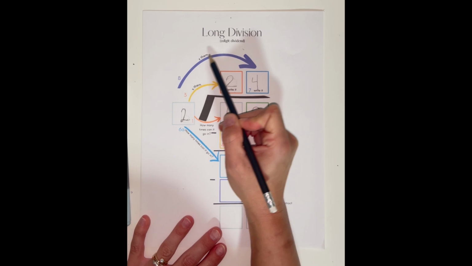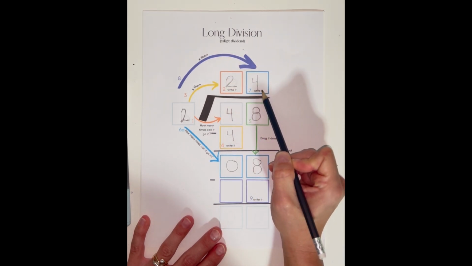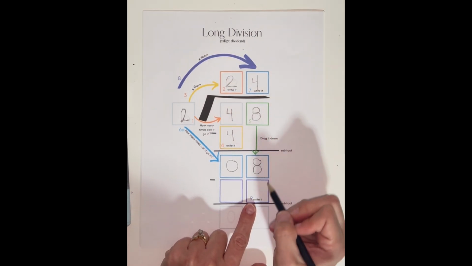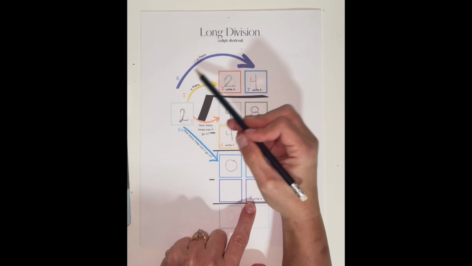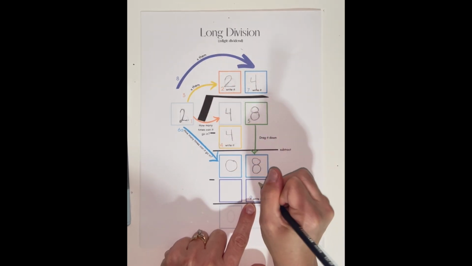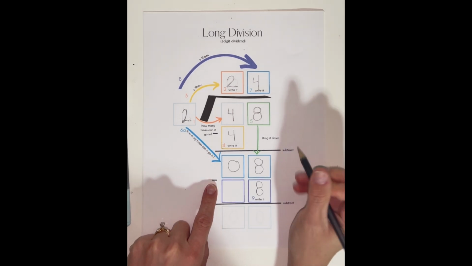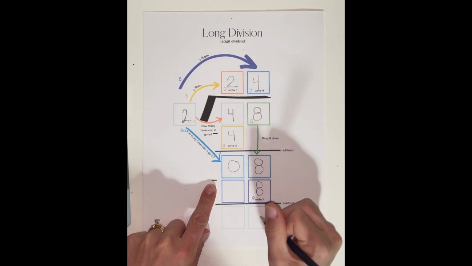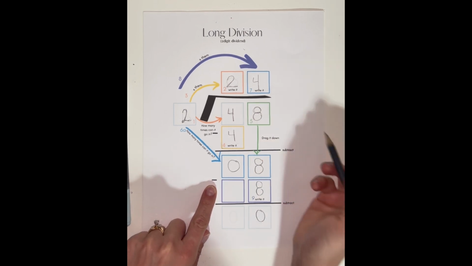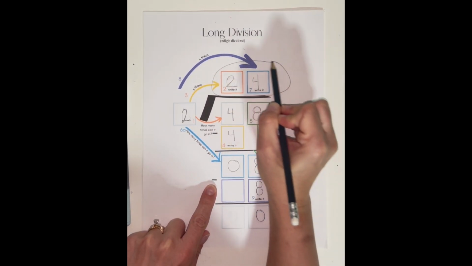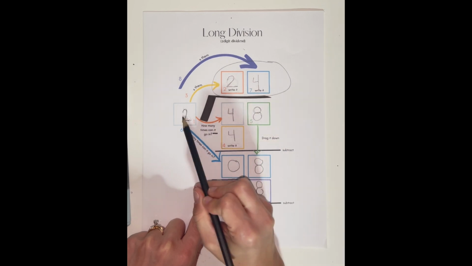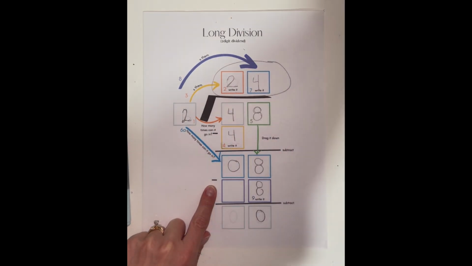So 2 multiplied by 4, step 9 says to write it. So 2 multiplied by 4 is 8. So we can write it. Now we have a subtraction sign. 8 take away 8 is 0. So now we finally have our answer. 48 divided by 2 equals 24.